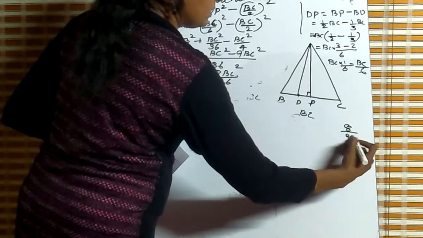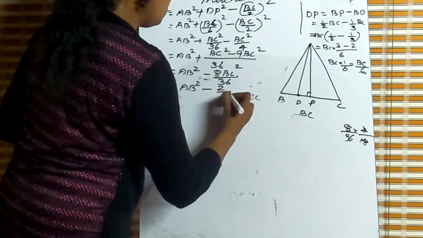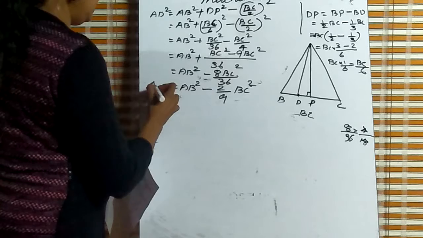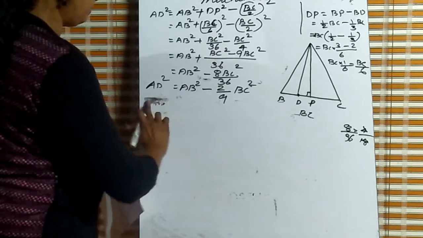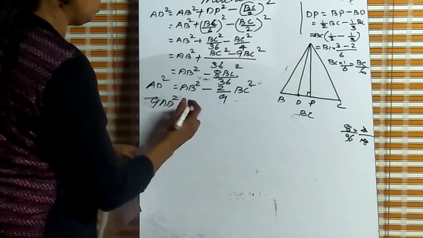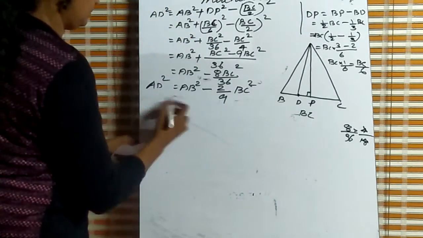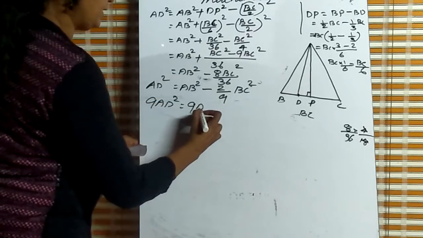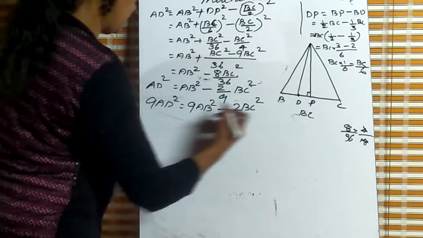AB square minus 2 by 9 BC square. This is AD square. Multiplying throughout by 9, 9 AD square is equal to 9 AB square minus 2 BC square.